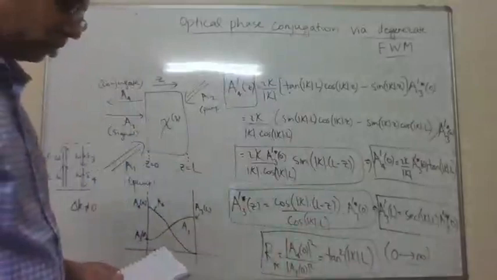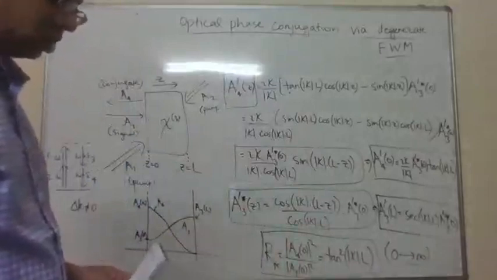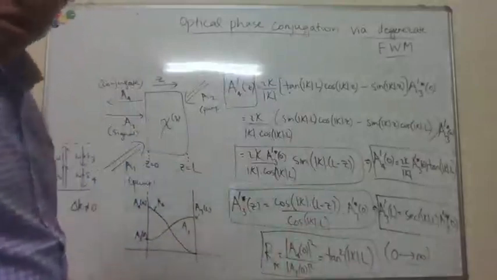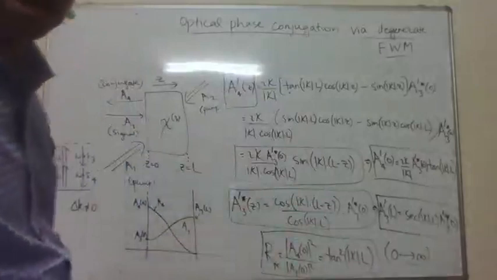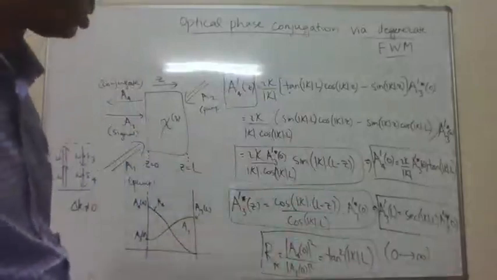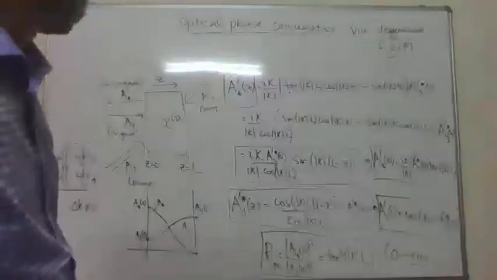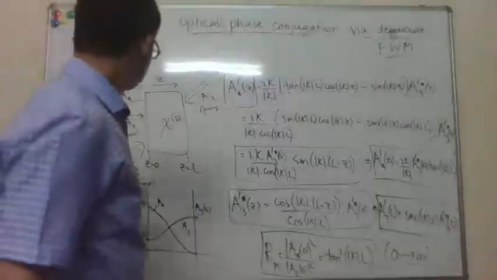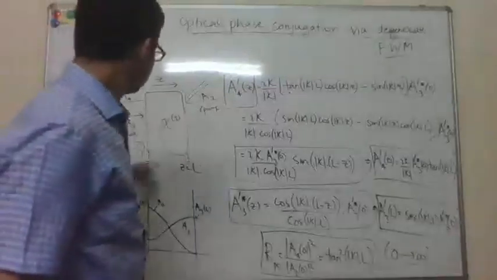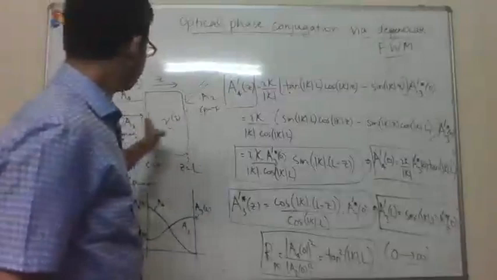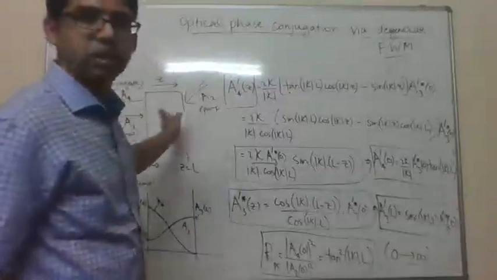Sir, the paper you posted says that the pump interacts with the signal to generate a phase grating, and then the signal interacts with that phase grating to generate the conjugate. So you can think of it like that also. These two counter-propagating beams create some sort of standing wave in the medium, right?